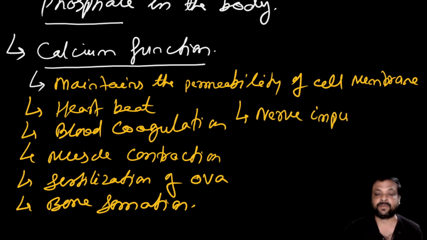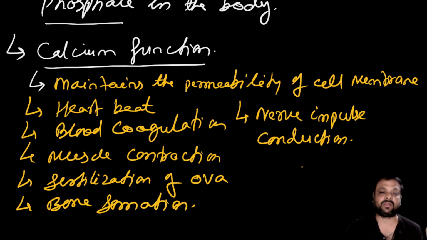Got it? So these are the basic functions of this element called calcium, and this calcium should be properly regulated by this particular hormone so that these physiological activities will help for survival.